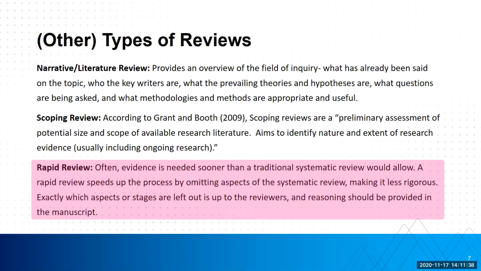So this is a situation where you need your evidence sooner. I'm sure situations like that can all come to our minds right now. And so you potentially cut back on certain aspects of the systematic review protocol, making it less rigorous, but for the purpose of getting your evidence synthesis out there sooner.